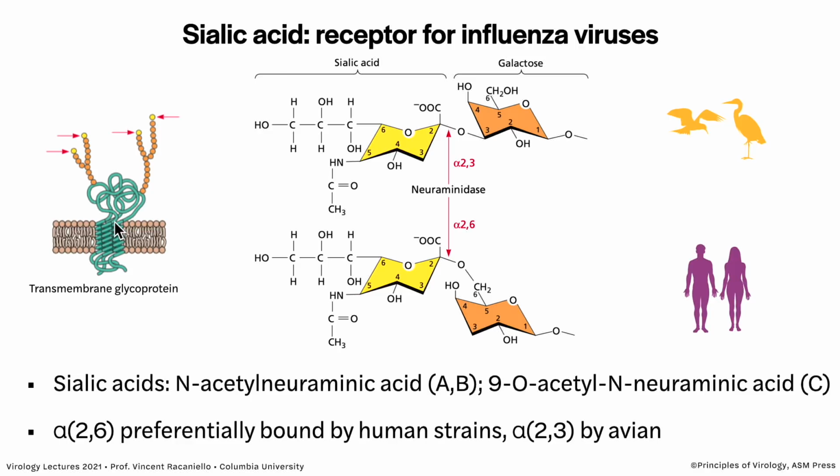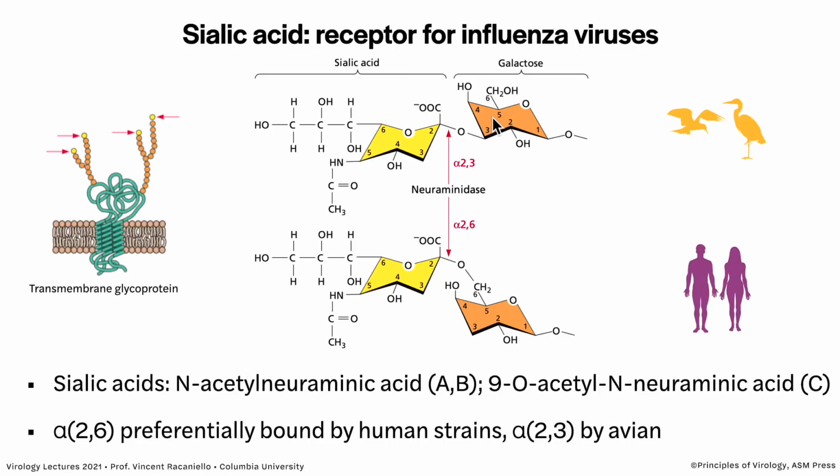And this can be any protein that the sialic acid is attached to. So it doesn't matter. Influenza virus is not discriminating. And then there's chains of sugars. And sialic acid are the yellow spheres. They're always the last sugar to which then influenza virus binds. So here's sialic acid here. And the top shows it linked to the second sugar.